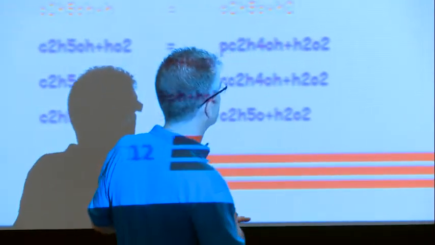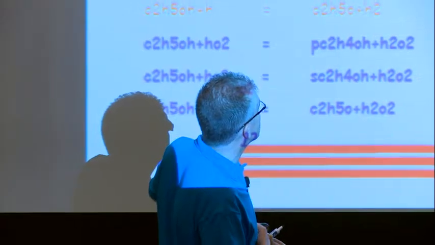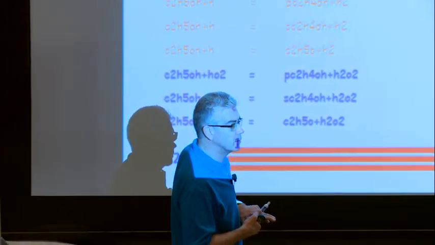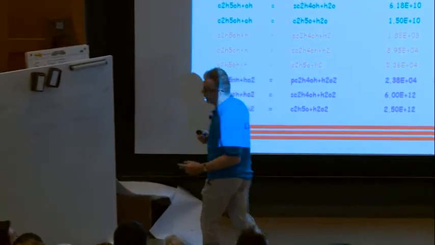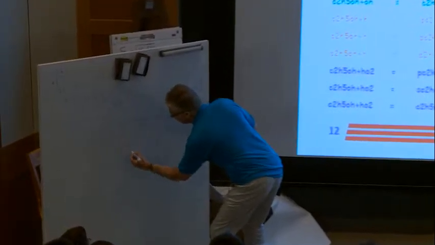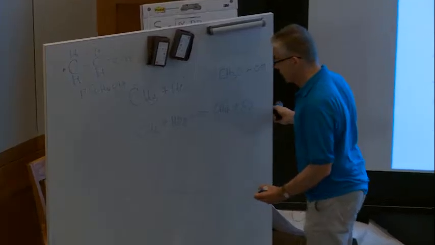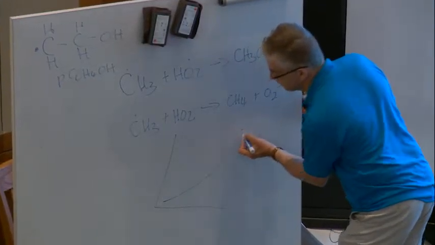So I didn't say it in my slides, but actually, a lot of the time, and you can see there, for most of these reactions, we have a T to the n, okay? It's because of some curvature. Oftentimes, when rate constants are measured, the rate constant as a function of temperature looks something like this.